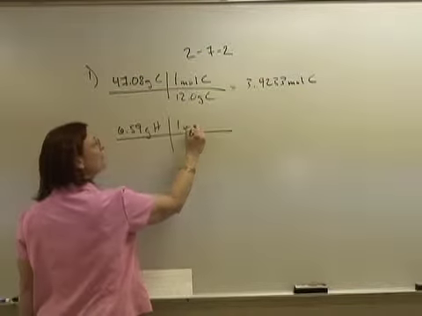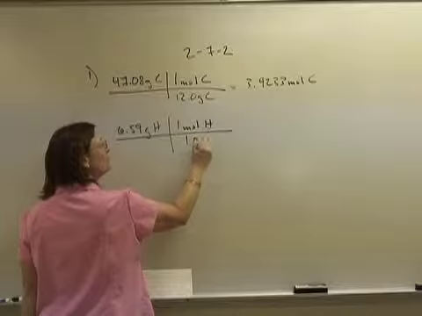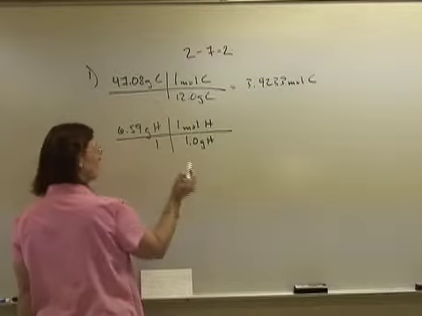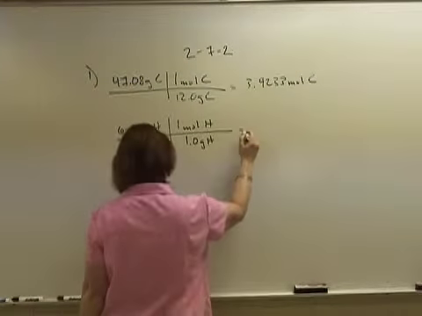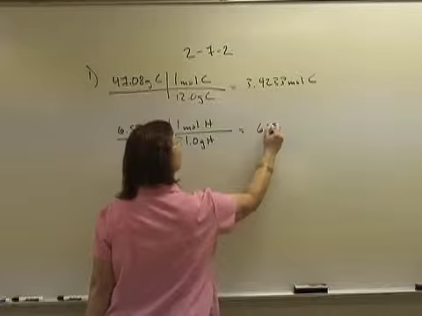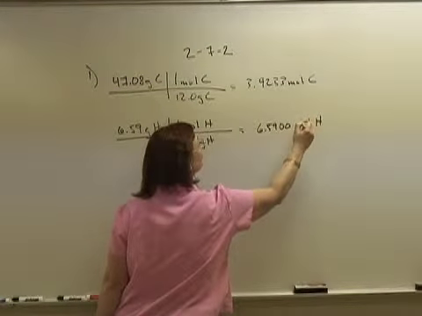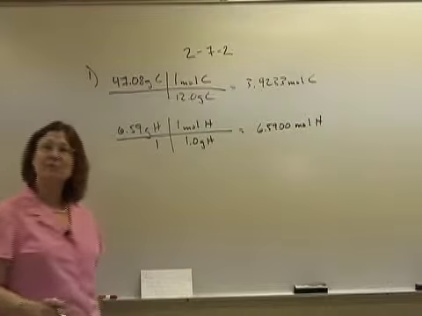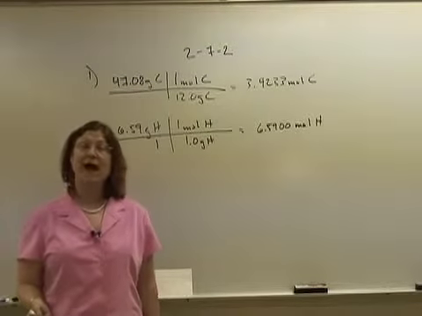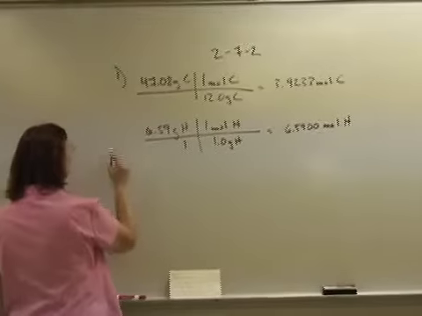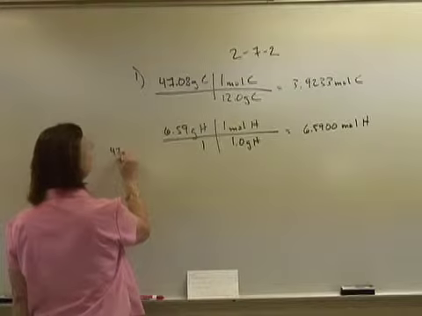And 1 mole of hydrogen has a mass of 1.0 grams of hydrogen. And therefore, I have 6.59 moles of hydrogen. Now, in order to determine the amount of chlorine, I have to know what was the amount that I had of these materials.